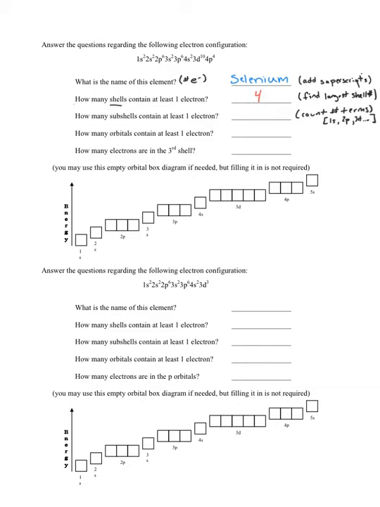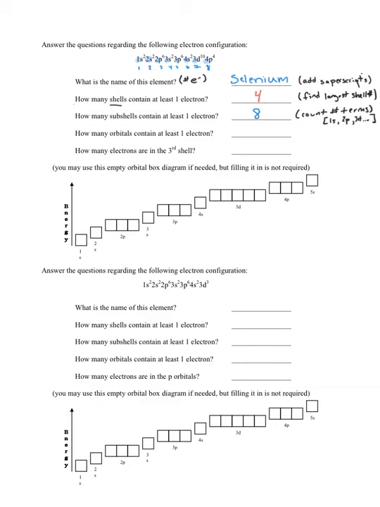So again, 1s is a term, 2s is a term, 2p, 3s, 3p, 4s, 3d, 4p. And so I've got 1, 2, 3, 4, 5, 6, 7, 8 terms, or 8 subshells accounted for in this particular electron configuration for selenium.